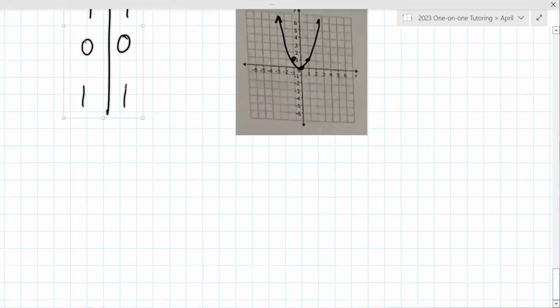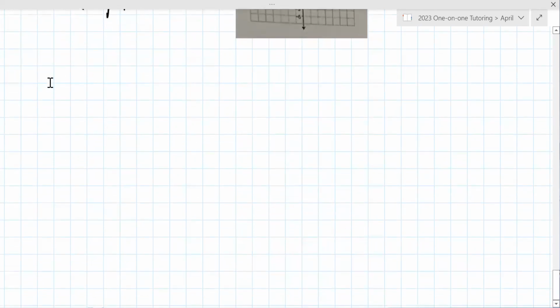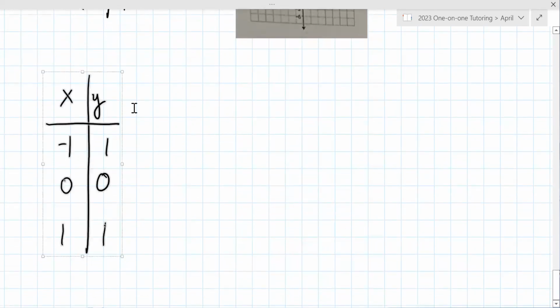Okay, so the first transformation is right 1. Okay, does that affect the x or the y?